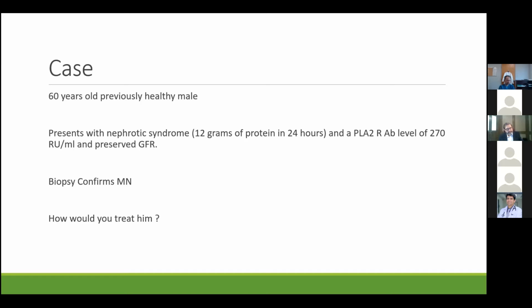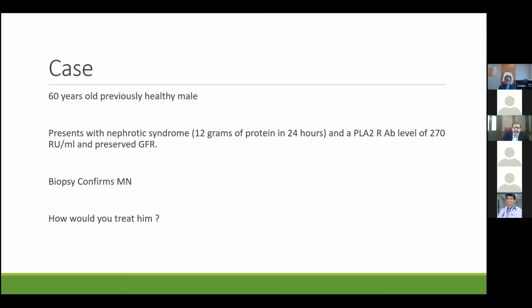We started with pulsing him with Solu-Medrol and then giving him a dose of rituximab, 375 milligrams per meter square, and then repeating it after 2 weeks. Okay, so you gave 2 doses of 375 milligrams per meter square. So you were following the GEMRITUX protocol. Okay, very good. So we'll cover all of that.